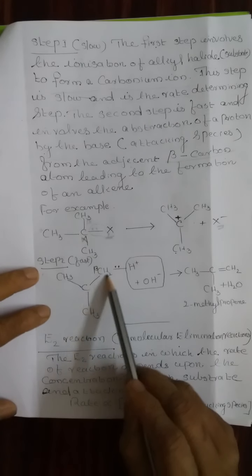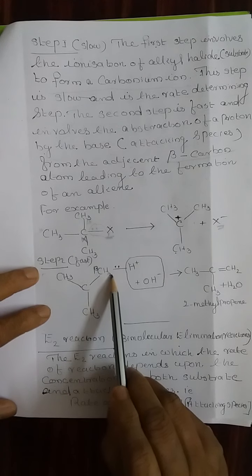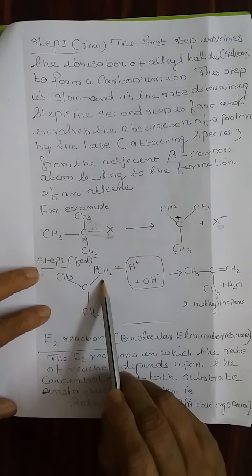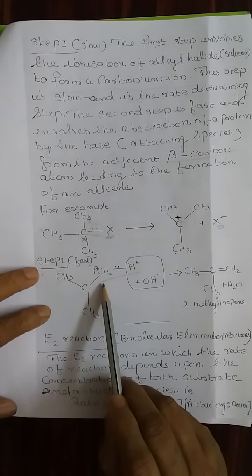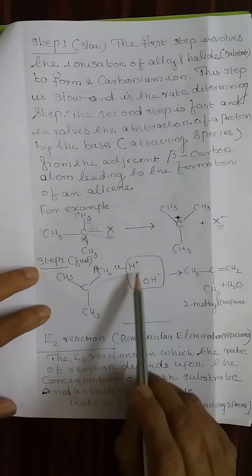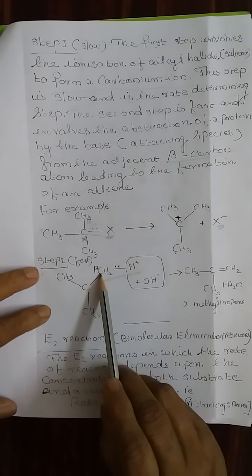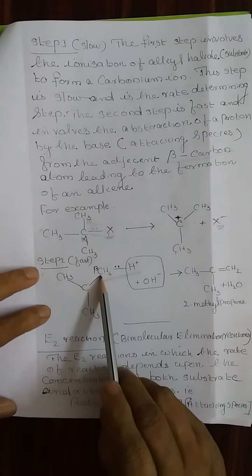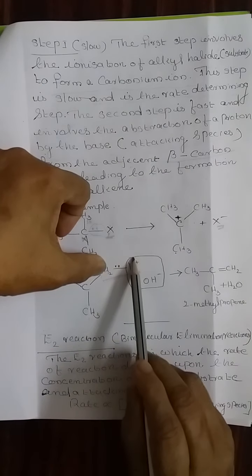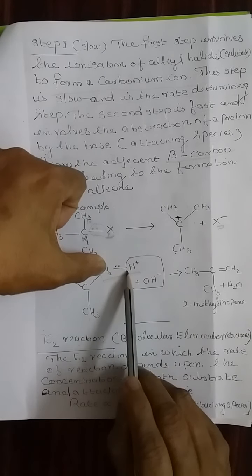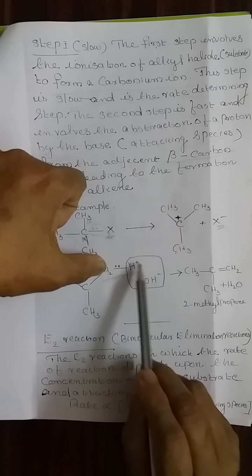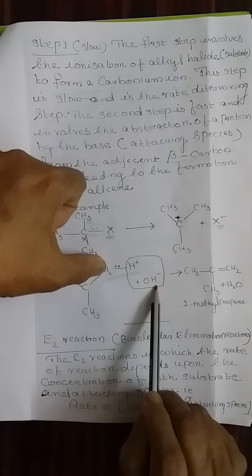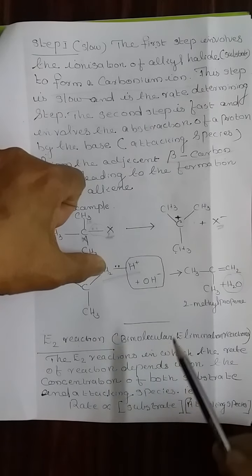We are taking one of the CH3 and modifying and writing it as CH2H in order to show the mechanism. This H, which is connected to this carbon atom, leaves both the electrons here and is eliminated as H plus. That H plus will react with the attacking reagent OH minus and form a water molecule.